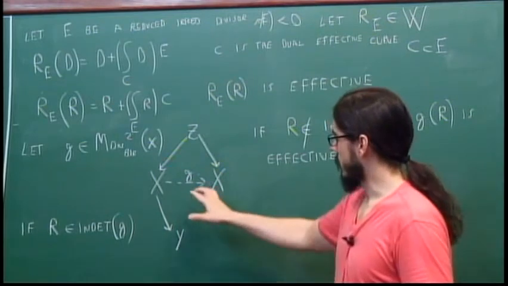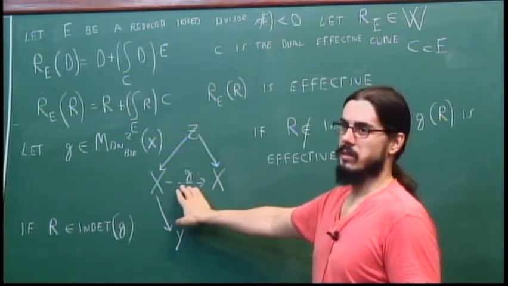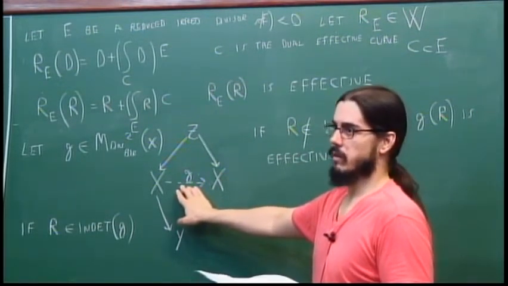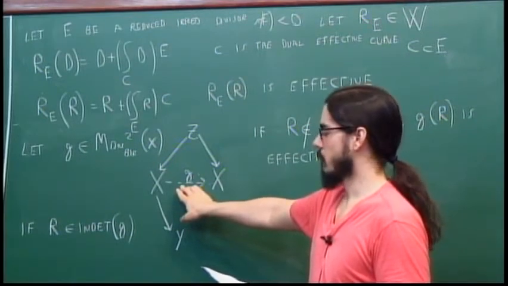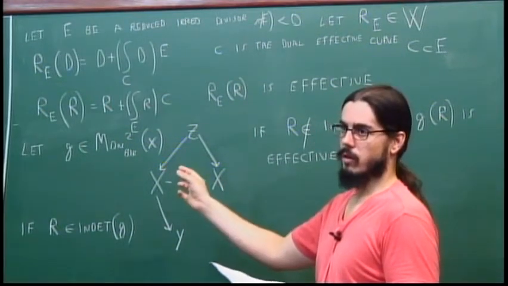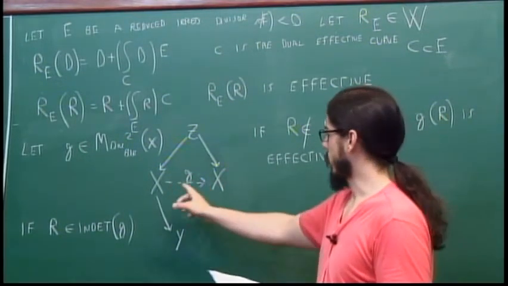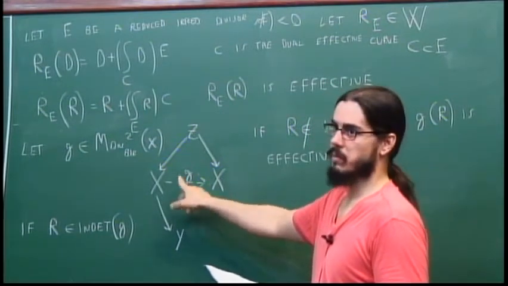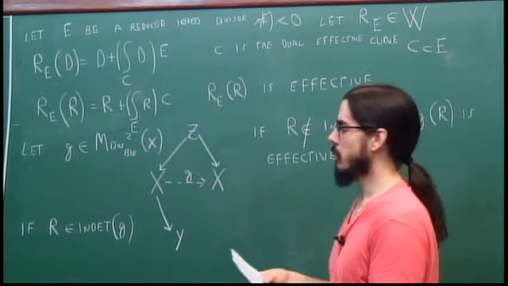And we can also take the map G to be as simple as possible, so that the indeterminacy locus contains only a single curve class, and then we can build all the other maps from elements of this kind.